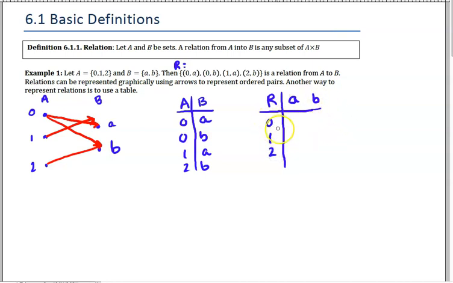So we're making a grid more than a table. All right, so we're going to put an X if those are connected, and leave it blank if they're not connected. So 0 and A, there's a connection between them. 0 and B, there's a connection. 1 and A, there's a connection. And 2 and B, there's a connection. So this is like a little grid representation of that relation.